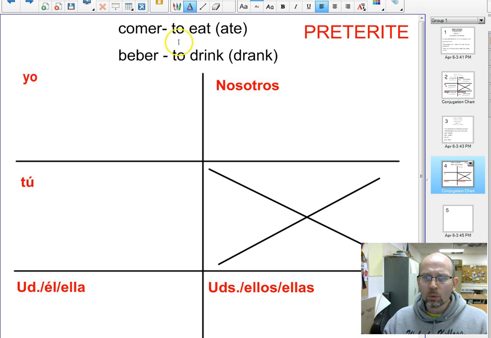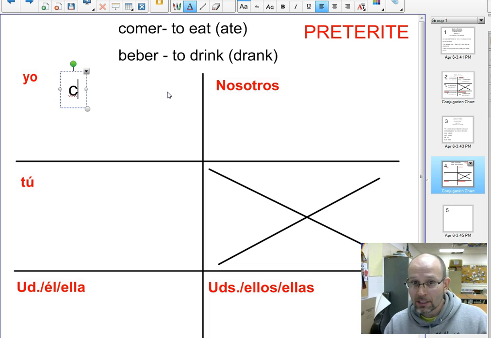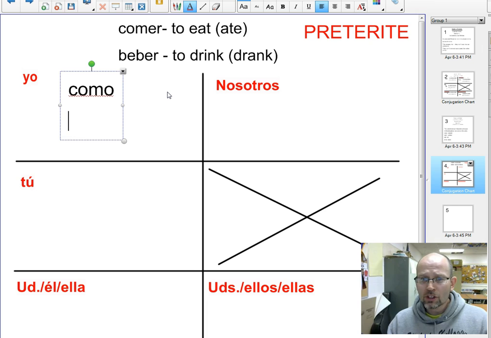But right now we're just going to worry about comer and beber. Bueno, so we have yo, and I wanted to say I ate. Now, if I just say I eat something, you just put yo como. Just like I say I drink something, yo bebo. You just had an O, and we know that because that's what we've been working with in Español.